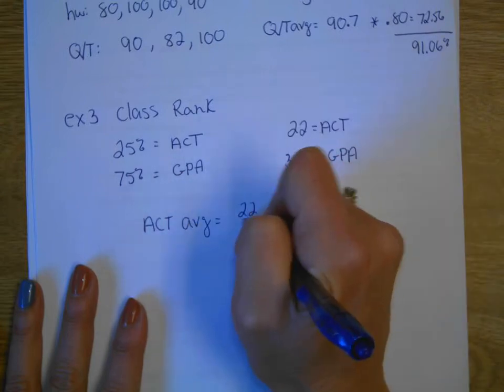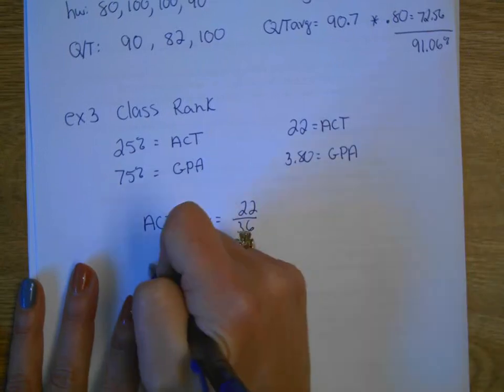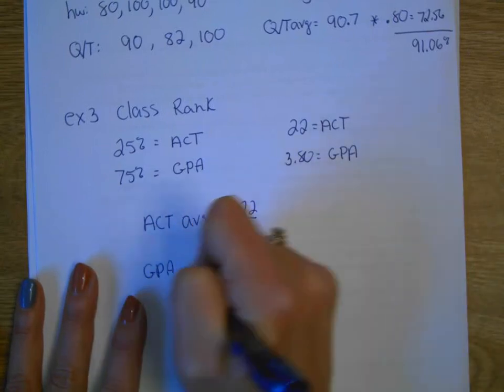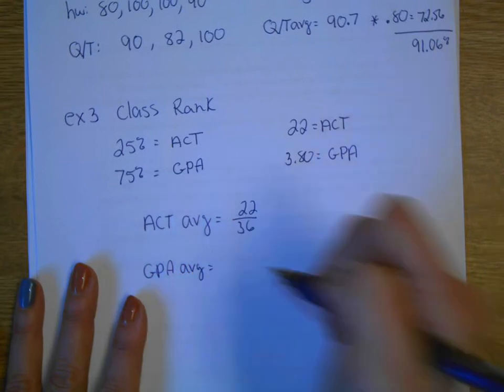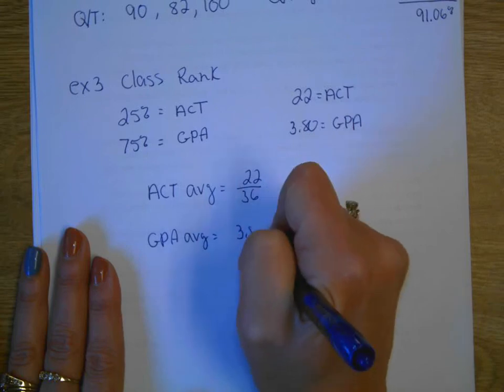It's 22 out of 36, and we can leave it as a fraction. What's the GPA average? What did you get a 3.8 out of? 4.0.